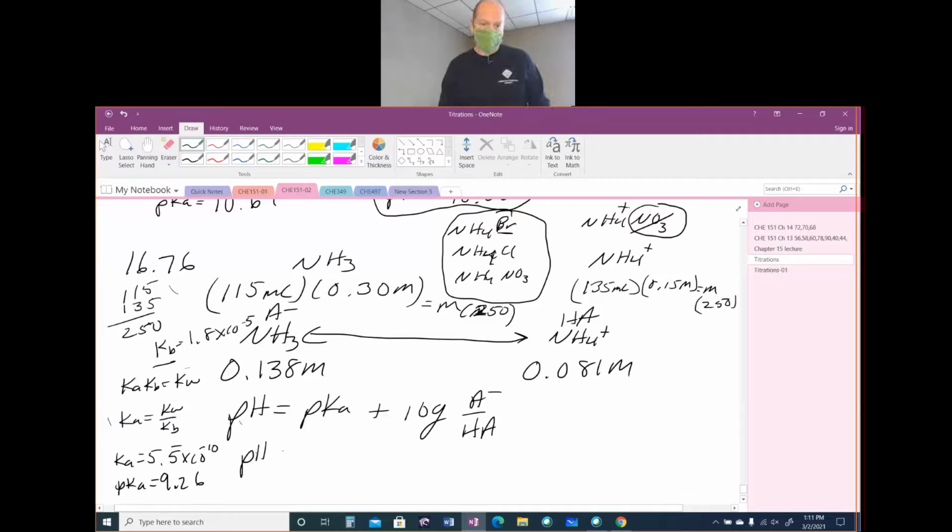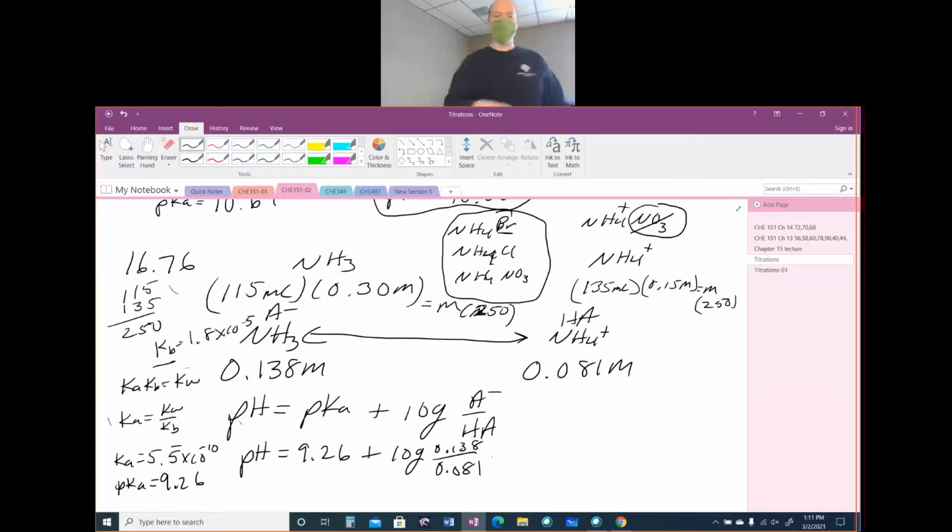So the pH is equal to the 9.26. I didn't round it until then. Plus the log of the A minus concentration, so that's the 0.138, divided by the weak acid concentration, that is the 0.081. Actually, I'm not putting in the 9.26 because this is 9.25527.